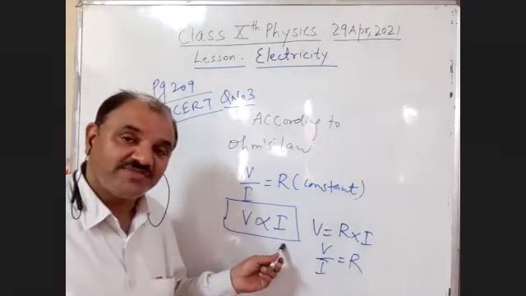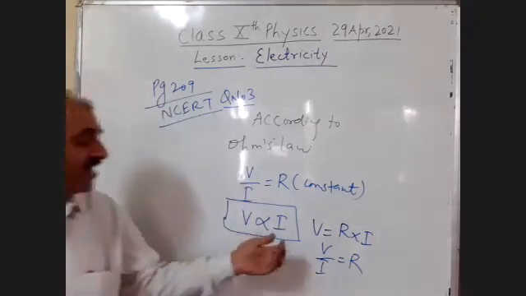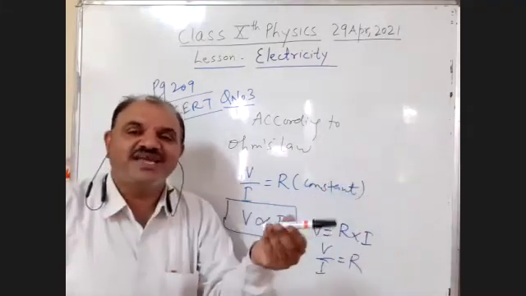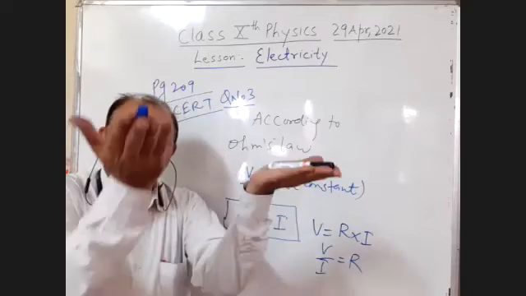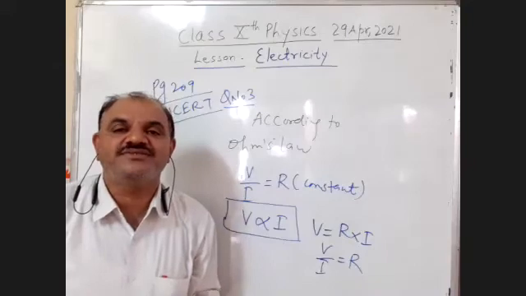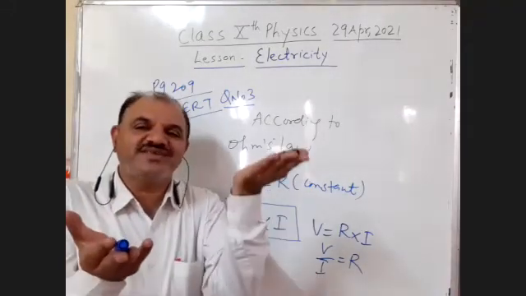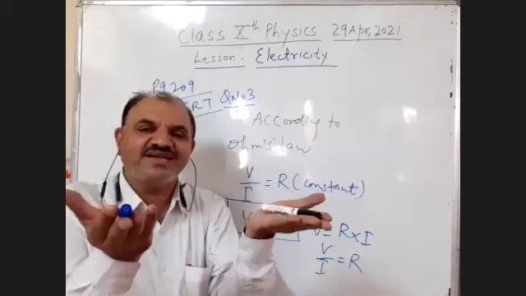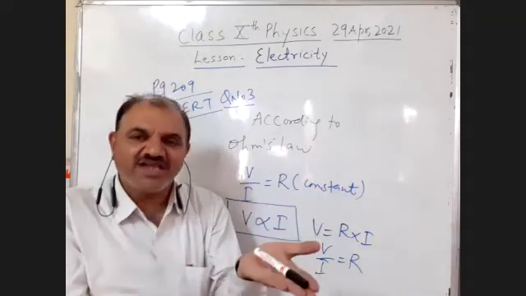Clear, students? Already I have explained that if two quantities are in direct relation, if one quantity is increasing, the other will also increase. If they are in inverse relation, when one quantity is increasing, the other quantity will decrease. If they are in direct relation, if this quantity is decreasing, this will also decrease.